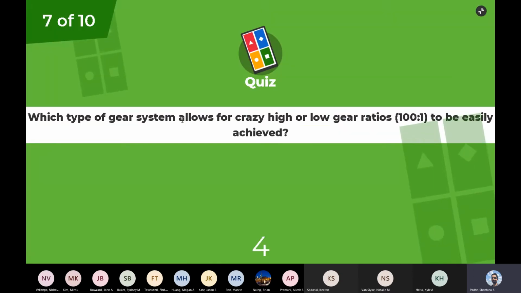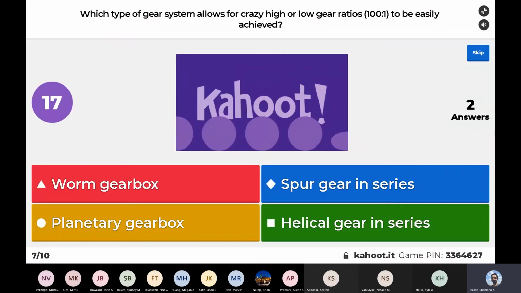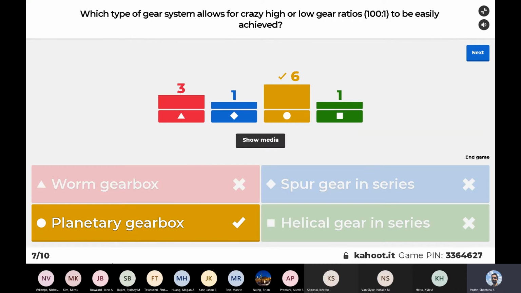Which type of gear system allows for crazy high or low gear ratios to be easily achieved? I think easily here means how many gears you have. That's right, a planetary gearbox.